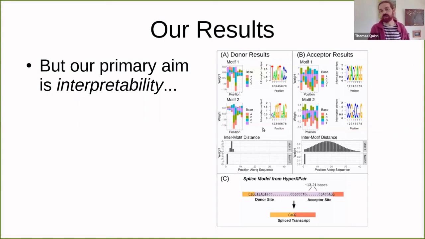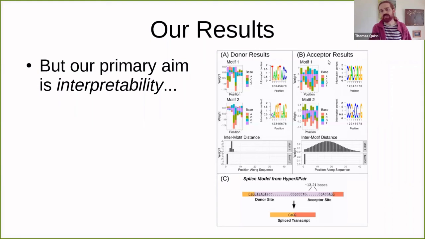This is an interesting finding because it suggests that HyperXPair has a certain robustness to the assumption of distance-dependent interactions being important: when that assumption doesn't hold, it can still piece together just a single motif if that's the most useful one in making a prediction.